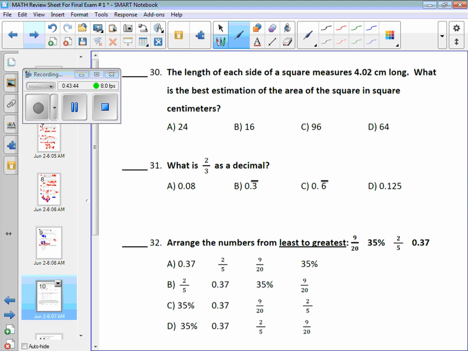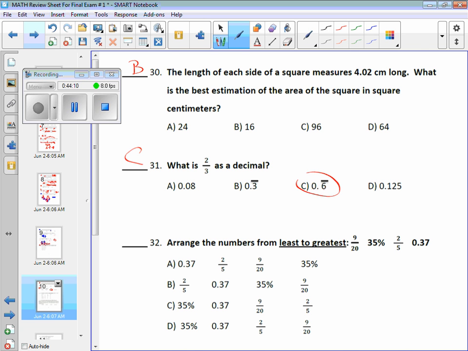How many of you got it right? You're going to round up your 4.02 to 4, and then the reasonable answer is going to be B, 16. And then 31, again, fraction families, you just got to know that 2/3 is 0.6 repeating.